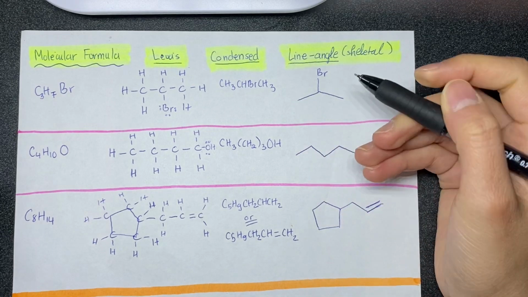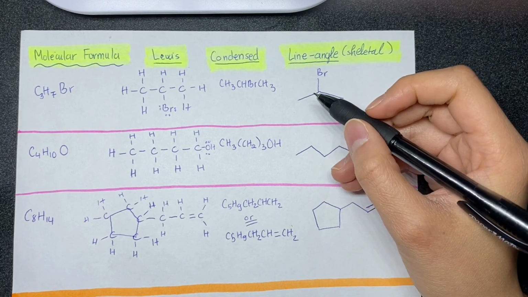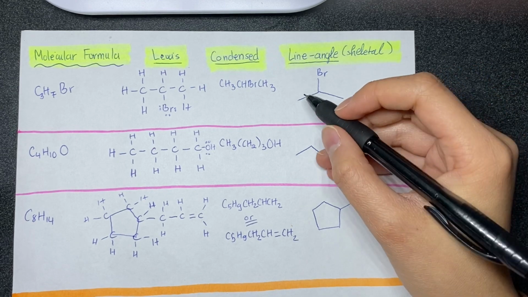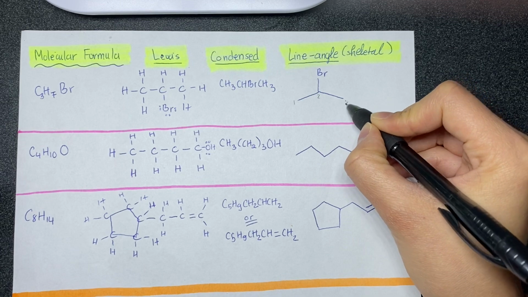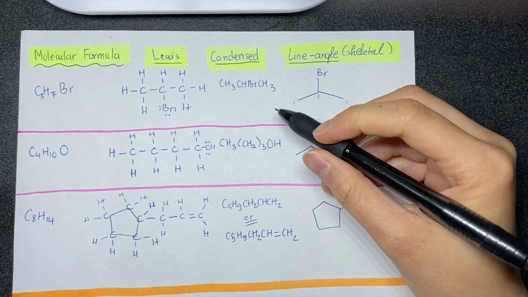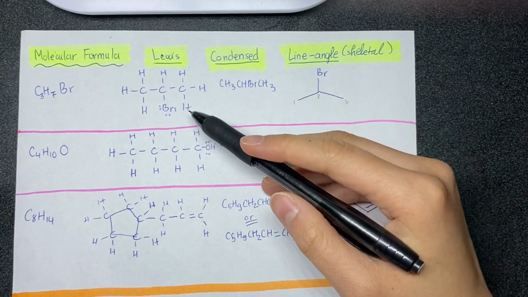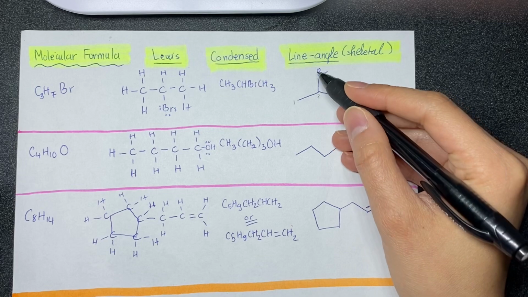So you first would have to double check your number of carbons to make sure that you have the correct amount of carbons. So you have 1, 2, 3. So that's 3. And you know that the Br, the bromine, is attached to your second carbon, which is right here in this structure.